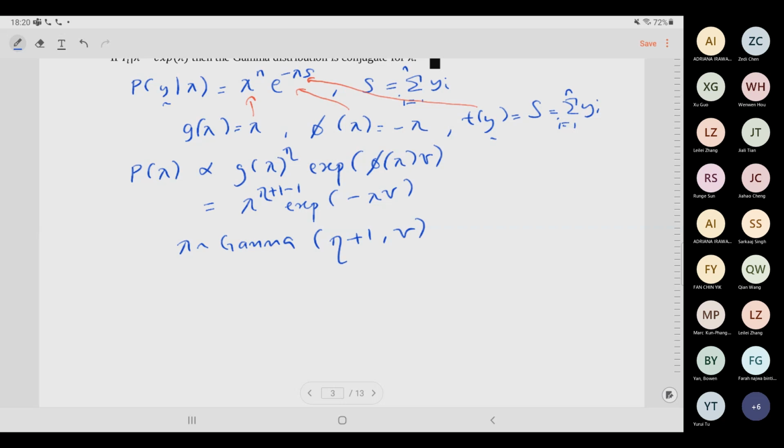Then if you were to find the posterior, theta given y, the posterior, you multiply your likelihood by your prior, plus 1 minus 1, exponential b, then you will have your lambda and plus 1 minus 1.